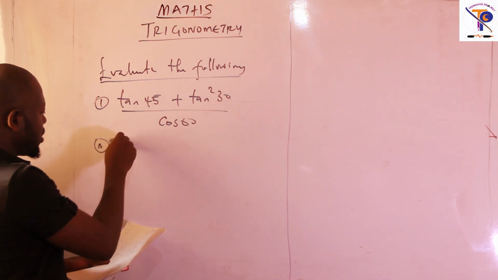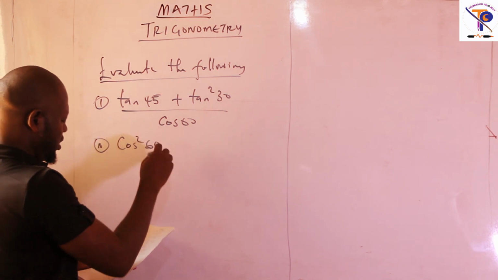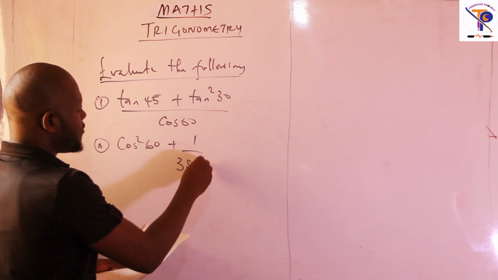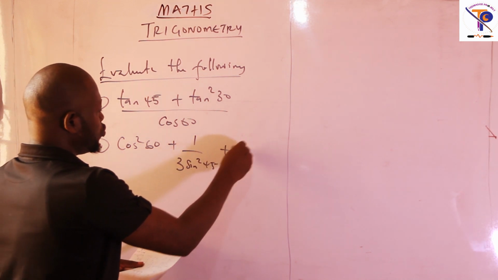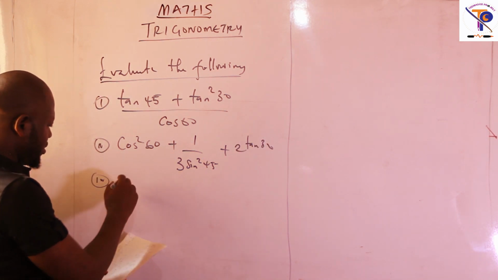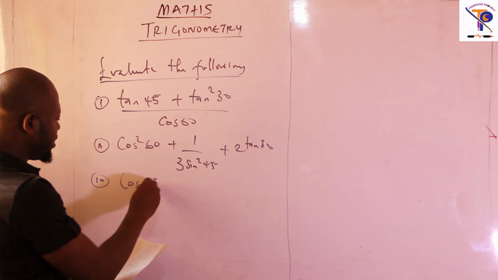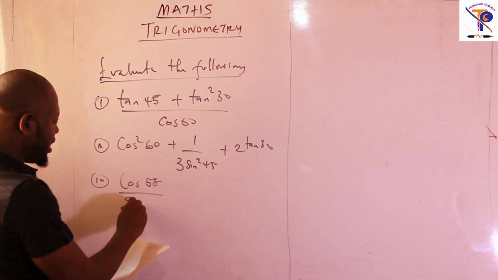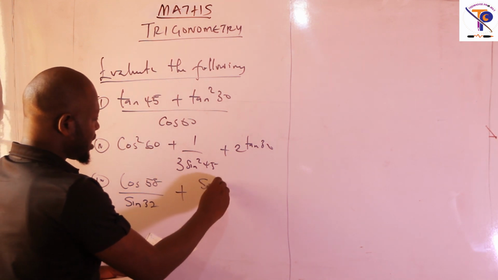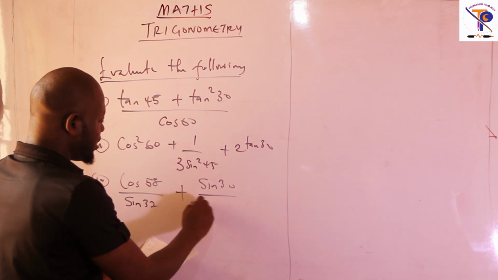The second question says cos square 60 plus 1 over 3 sine square 45 plus 2 tan 30. Then I have one more: cos 58 over sine 32 plus sine 30 over tan 60.